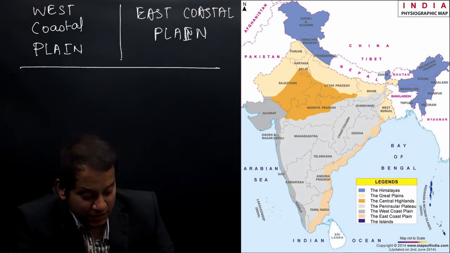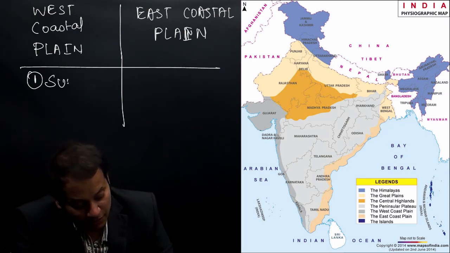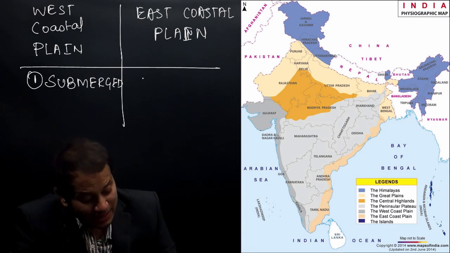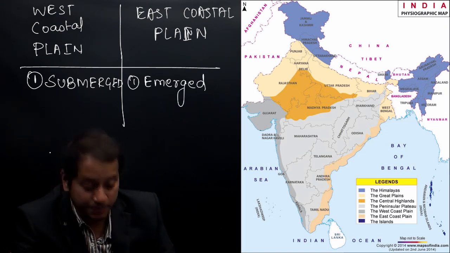What is the first difference? The west coastal plain is an example of a submerged coastline, while the east coastal plain is an example of an emerged coastline.